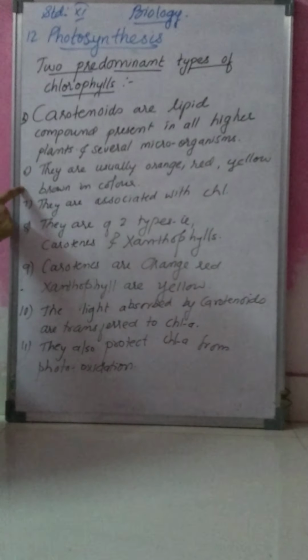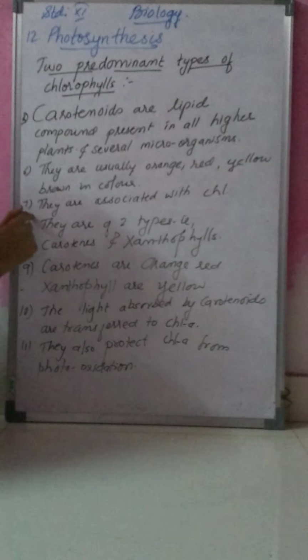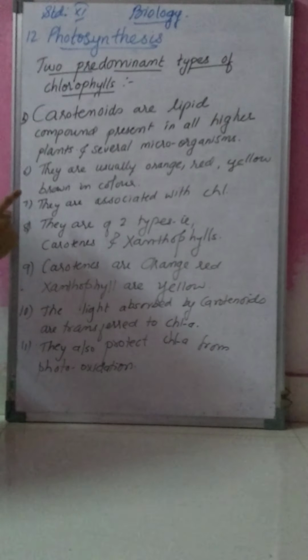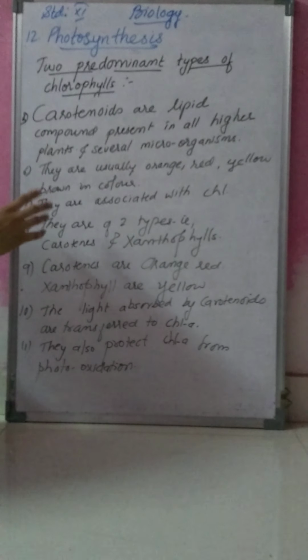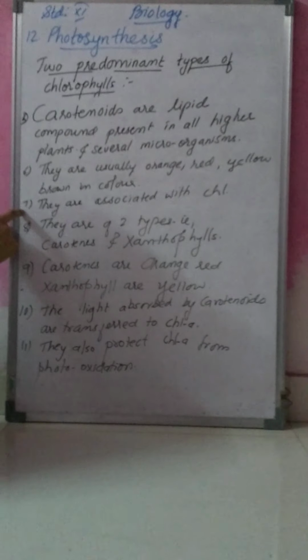These carotenoids are associated with chlorophyll. They are of two types, carotenes and xanthophylls.